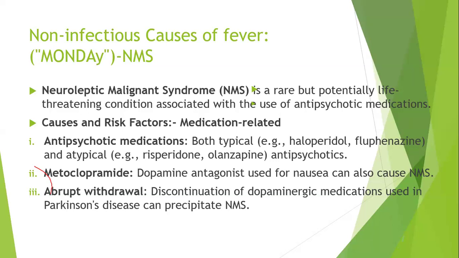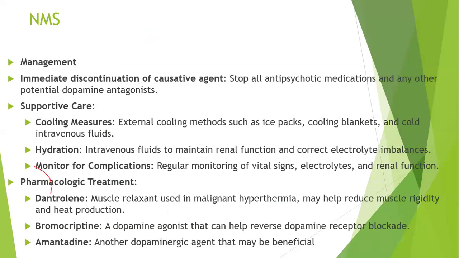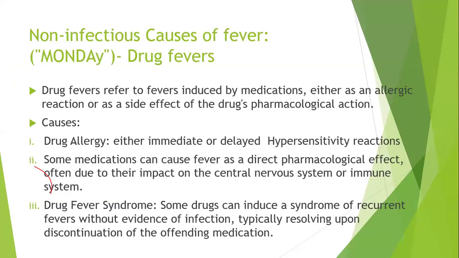Now, after withdrawal of some of these drugs used for Parkinson's may precipitate neuroleptic malignant syndrome, and this can cause fever, hyperthermia, sometimes above 40 degrees Celsius, associated with muscle rigidity, autonomic dysfunction, and altered mental state. All right, so you discontinue the causative agents, supportive care, cooling measures, and the pharmacological agent, which is dantrolene, will help with rigidity.